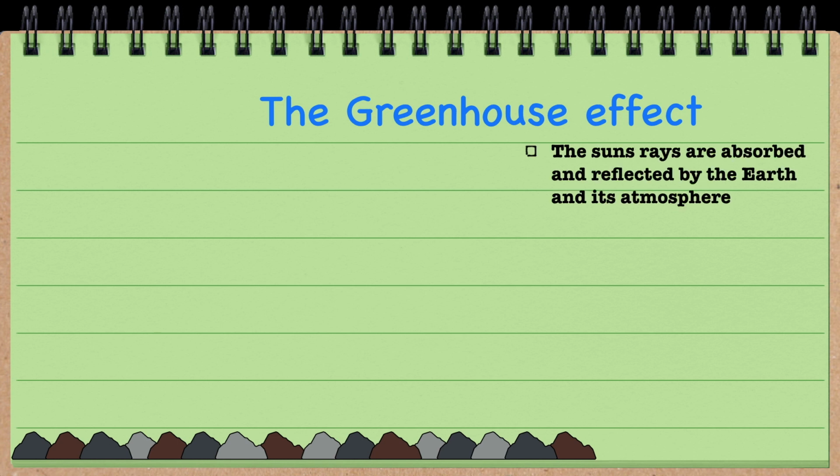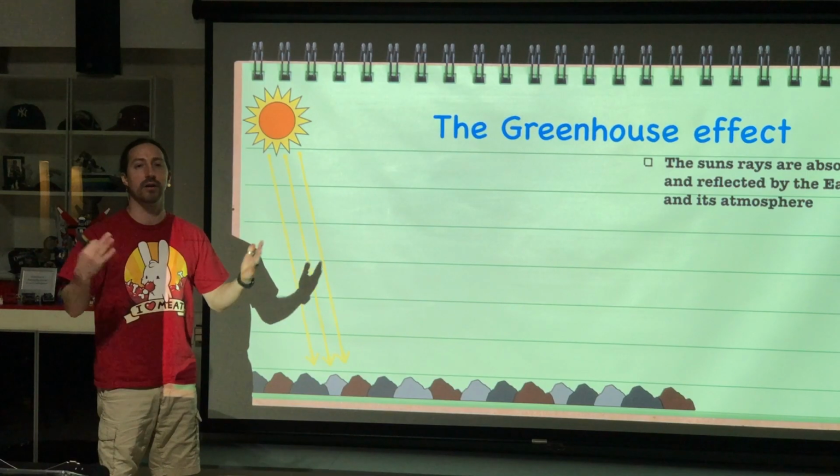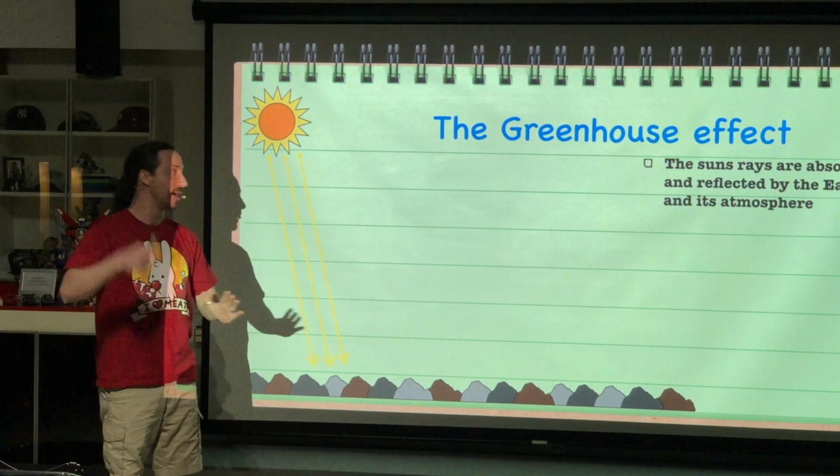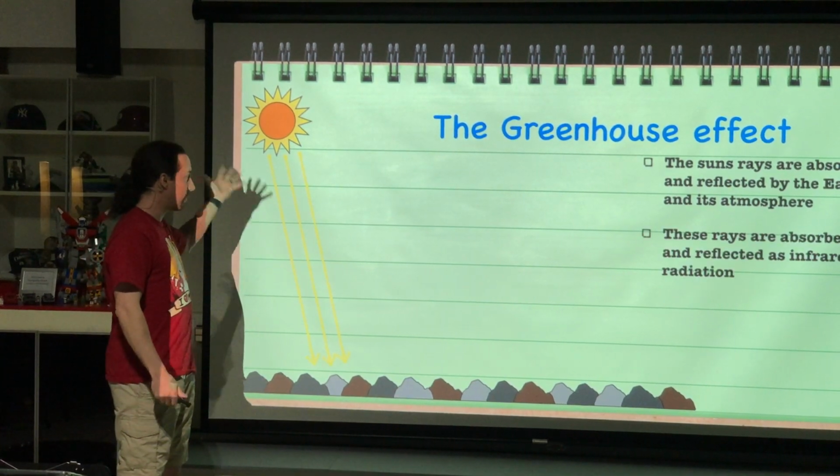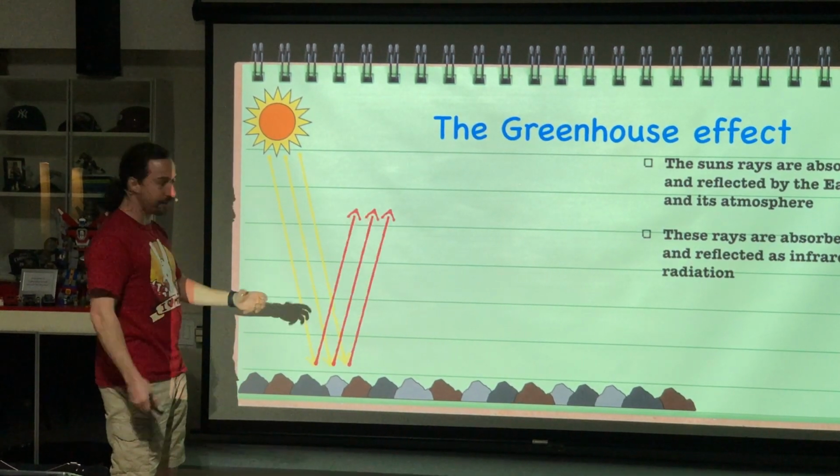The key is we have the sun, and the sun rays are going to be absorbed and then reflected off of the surface of the earth and off the atmosphere of the earth. So the sun rays are going to actually hit molecules in the atmosphere or the actual surface of the earth, and when they get bounced back, they're going to bounce as infrared radiation.